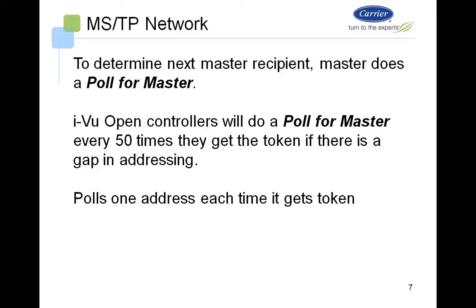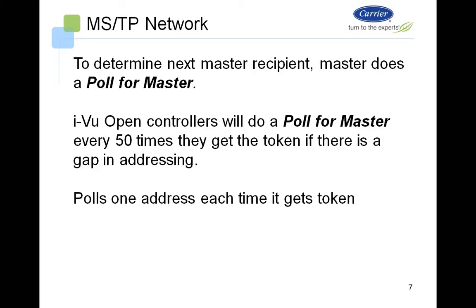However, if those 4 controllers are addressed 5, 6, 7, 8, then controllers 5, 6, and 7 would not have to initiate poll for masters, because the master they're passing the token to is already the next consecutive address. However, controller 8 would be doing poll for masters every 50 times it gets the token to determine whether or not a new controller has been put on the bus between address 8 and what it has in its list as the next master, which would be address 4 or address 5 based upon the example.